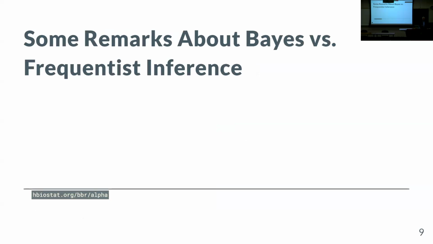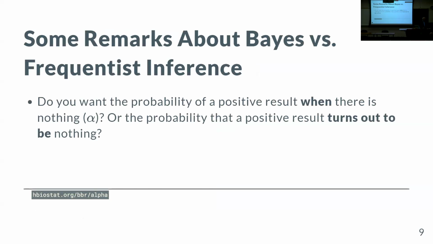All right, now I've got a bunch of miscellaneous remarks about Bayesian versus frequentist. Do you want to know the probability of a positive result when there is nothing? That's what alpha is telling you. Or do you want the probability that a positive result turns out to be nothing? Those are just slightly different words that couldn't have more different meaning.